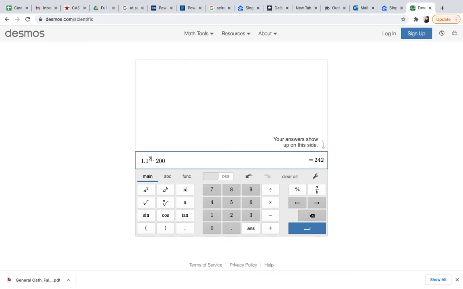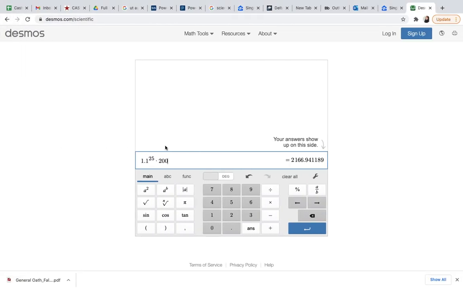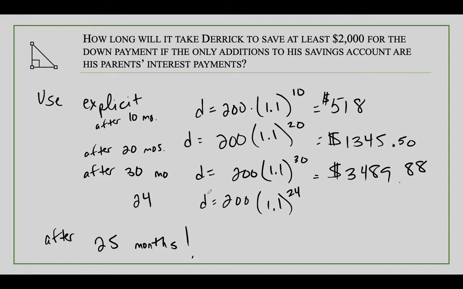Ooh, we're so close, and let's just put that 25. So after 25 months he would have at least $2,000. Specifically, he would have $2,166.94.